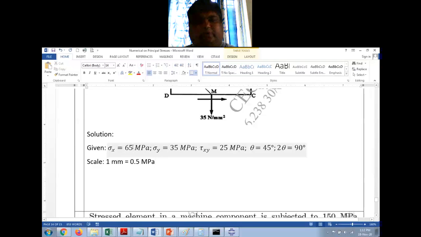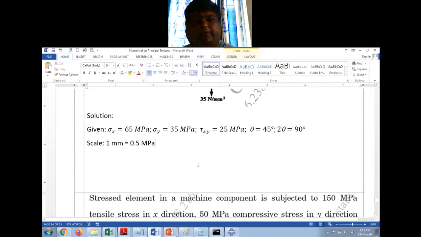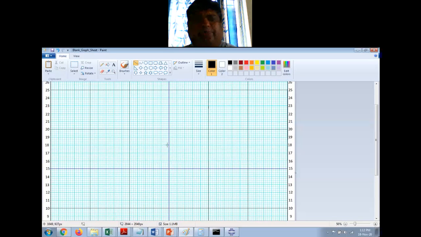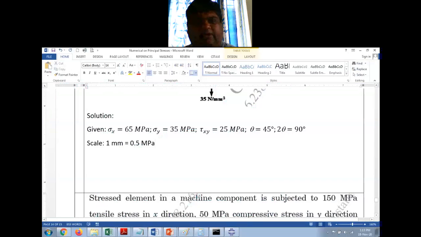This difference is 40, so 40 and 25, root of that, it should be around 50 or 60 millimeter, not more than that, right? So why I'm doing this? To estimate where to draw the Mohr circle diagram, or to be on the safer side, I will draw it at the middle of the drawing sheet.